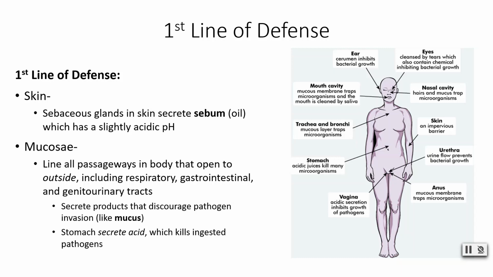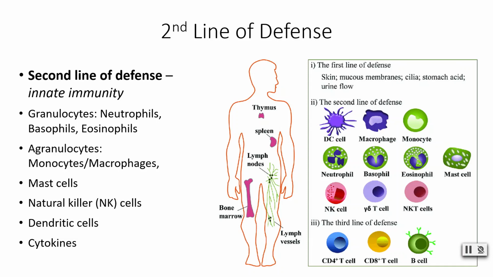Now, if a pathogen gets by our first line of defense, our second line of defense comes into play. This is our innate immunity, that non-specific immunity. We have both granulocytes and agranulocytes getting involved. We've got neutrophils, basophils, eosinophils, monocytes, which turn into macrophages.